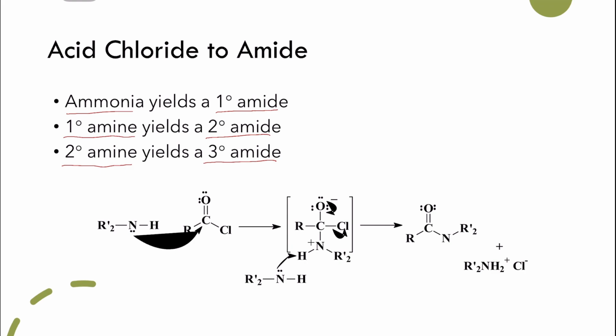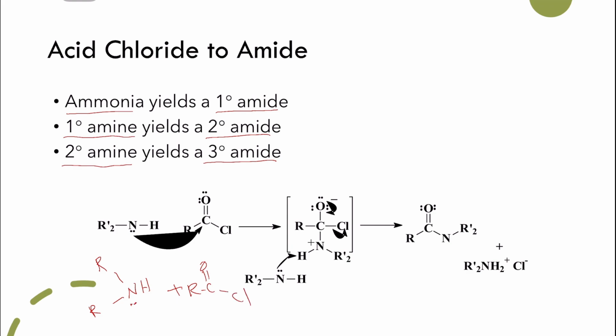So let's have an example of how to prepare a tertiary amide. The reaction between a secondary amine, where the nitrogen has two R groups, and the acid chloride, the exact same mechanism.